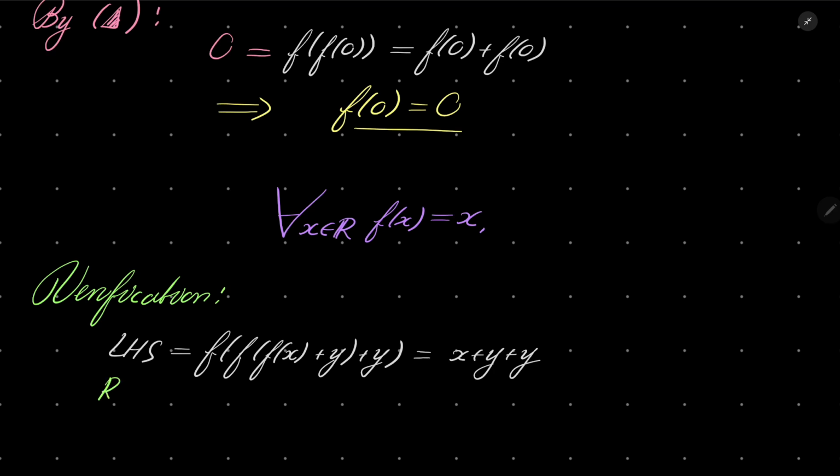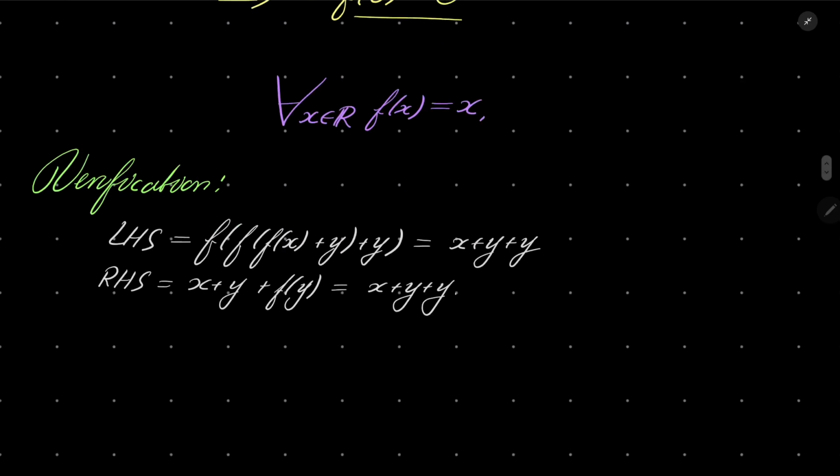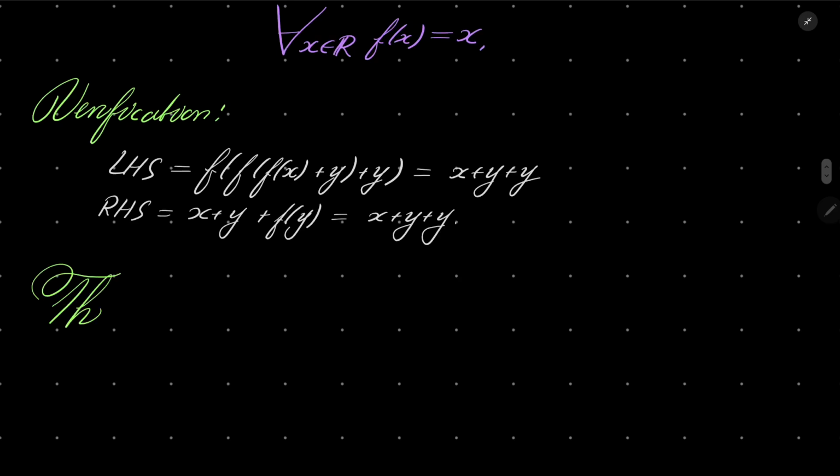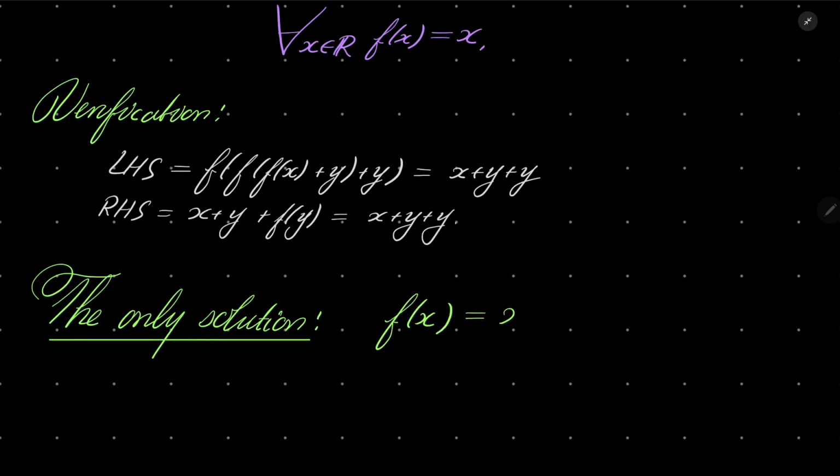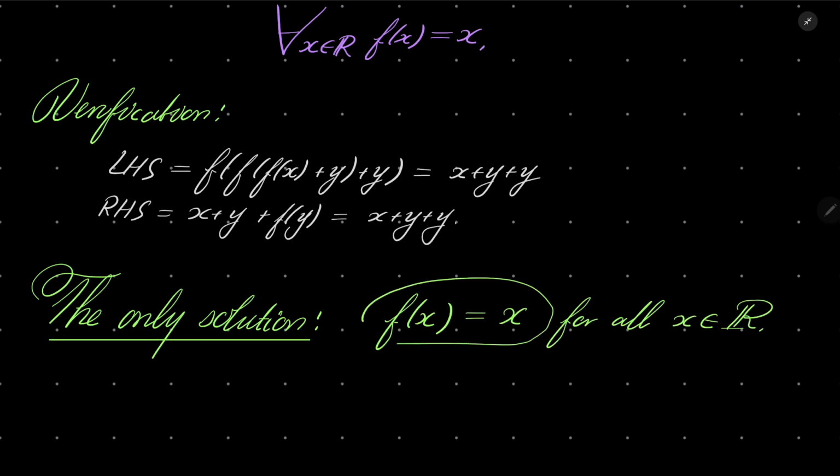And on the right-hand side, we have x plus y plus f of y, and that's also x plus y plus y. So it's verified. So the only solution is the identity: f of x equals x for all real numbers. And that's it. That closes our problem.